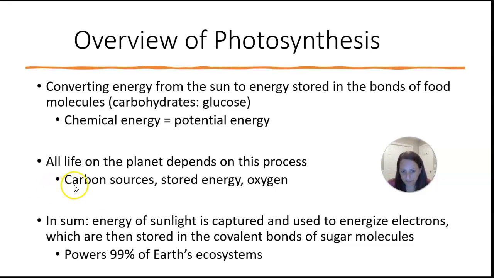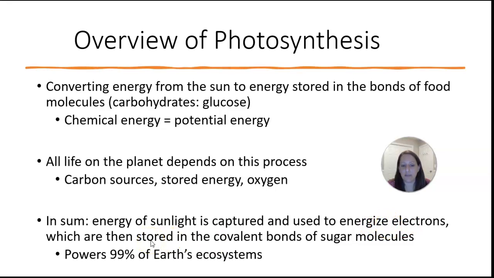So we get carbon, we get stored potential energy, we also get oxygen. And so we'll see oxygen as a byproduct of this process. Again, energy of sunlight is captured. It's used to energize electrons, and we're going to see this process.